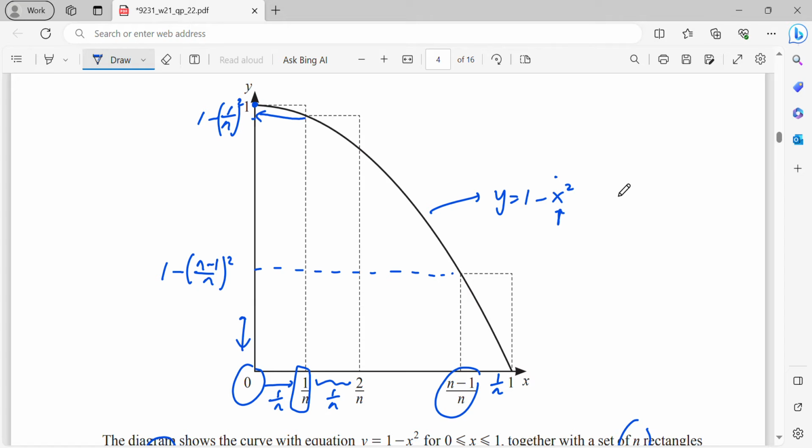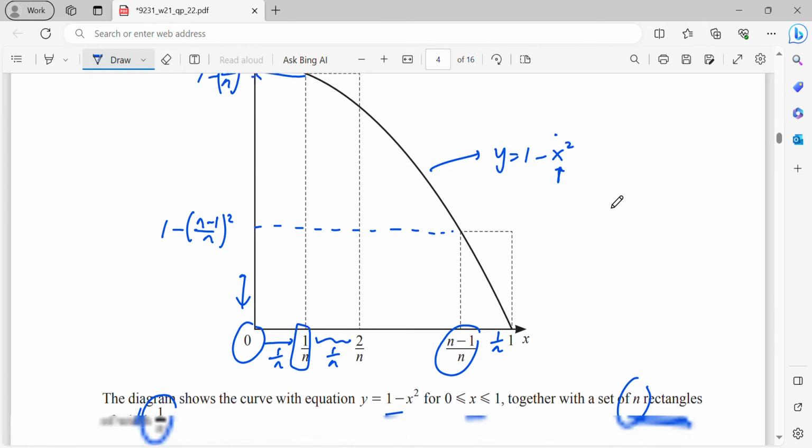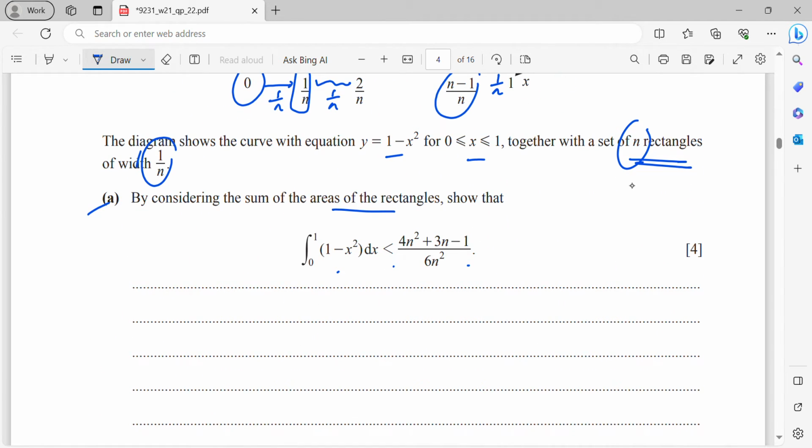So therefore now I will start with considering the sum of the areas of rectangles. It is always the base, 1 over n.